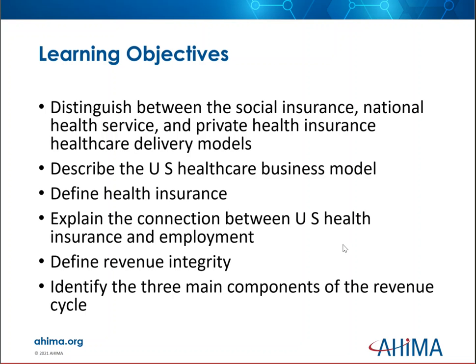There is a history of why we are with the healthcare system we have right now. And so this chapter gives you some background information and talks about the business model that the US uses and also compares that with other countries or other major healthcare reimbursement models that are currently or historically present.